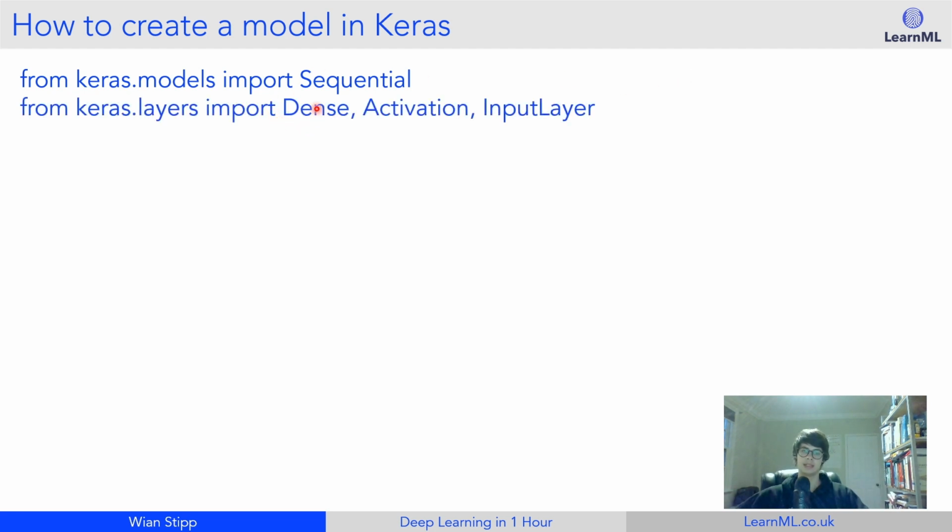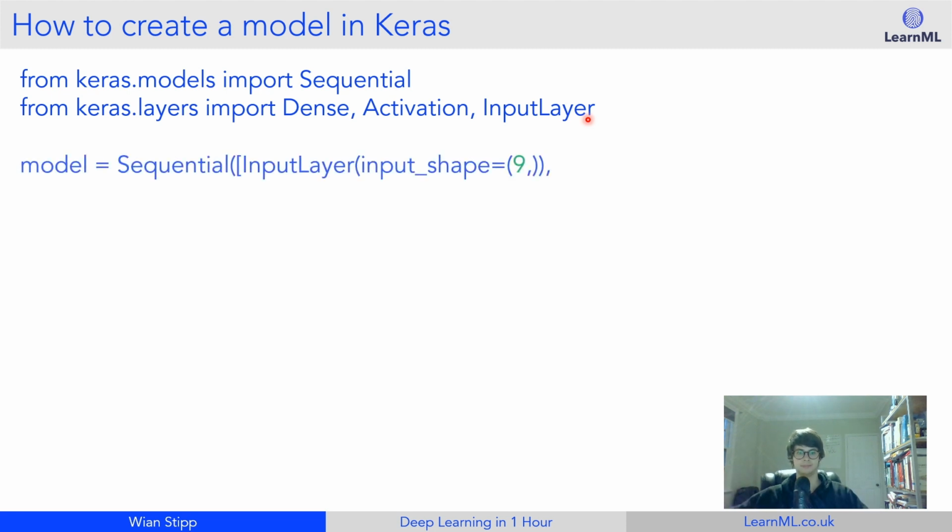These layers I've just talked about are dense layers because they're fully connected. That's all dense means. That's what they use in Keras and TensorFlow. Let's also import activation and input layer. Input layer is just a special layer to note that this is actually the input. This isn't a hidden layer.